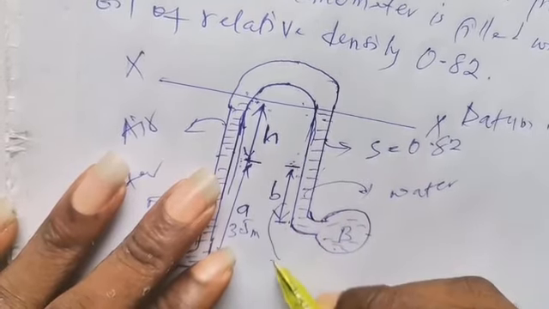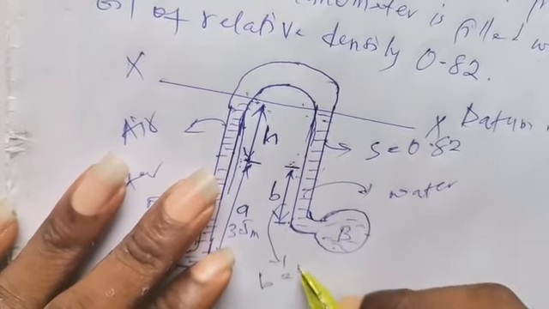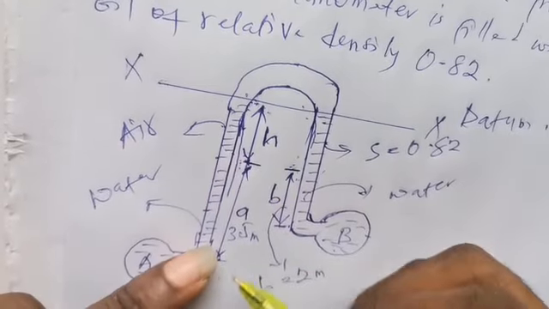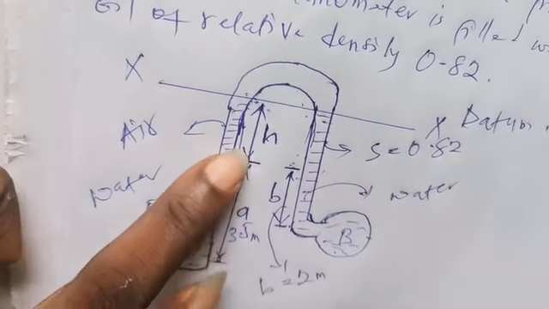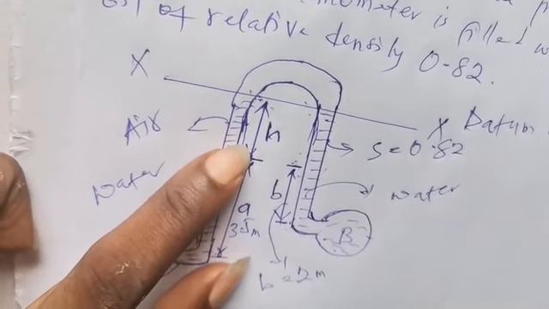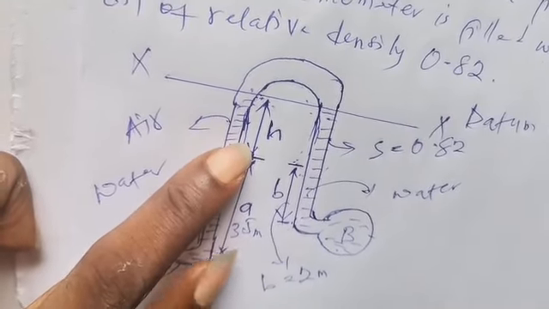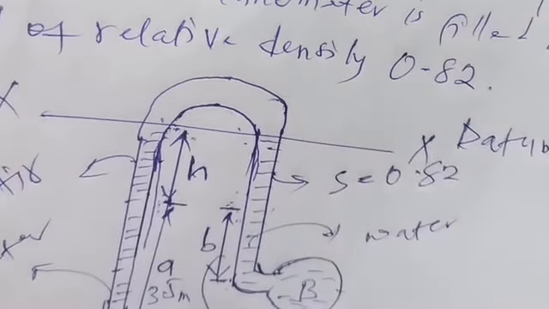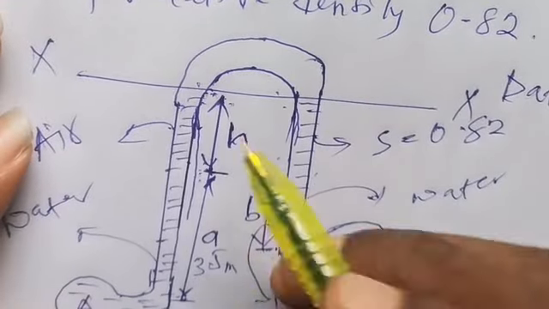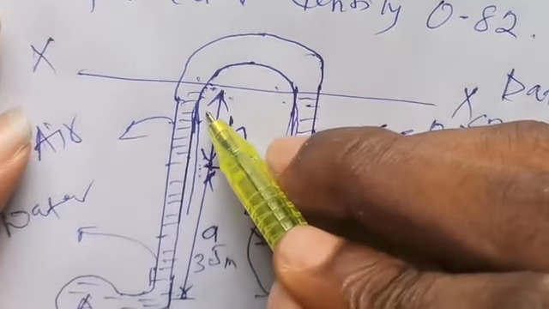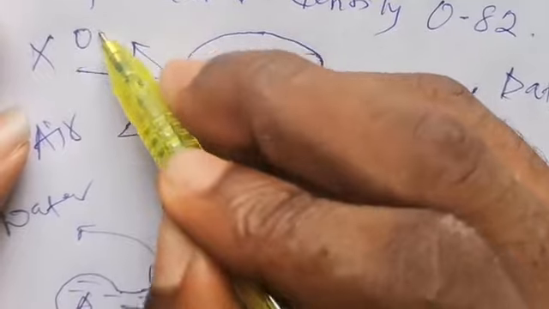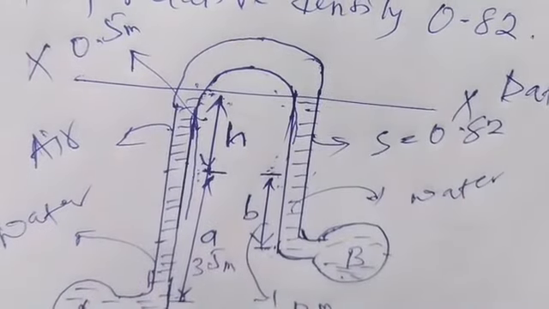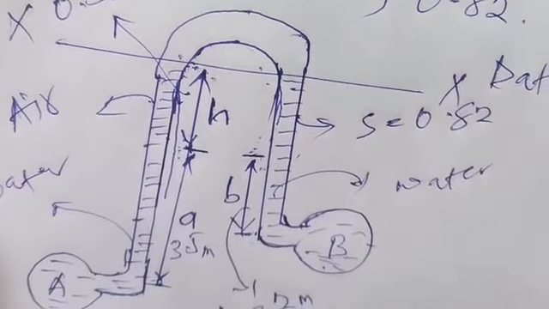Okay, let me just take that down here. B is equal to 2 meters. On this other side, A is equal to 3.5 meters. Then we were given the height H, H itself was given here as 0.5 meters. So this height H is actually 0.5 meters. So let me keep it somewhere here, 0.5 meters. That's the height H given to us in the question.